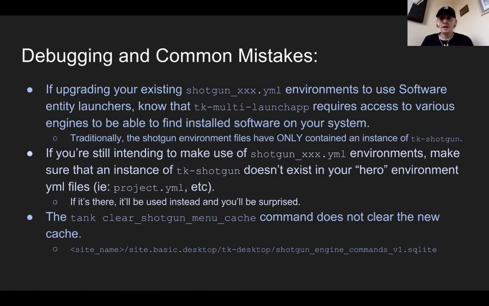You certainly can use software launchers with the shotgun environment files, but what you need to know is that you need to include the engine instances for all of the engines that provide scanning logic, Nuke, Maya, Houdini, and the like, inside of that shotgun YAML file. And what that'll do is it'll make sure that Launch App has all of the code that it needs to find the installed software on your machine.